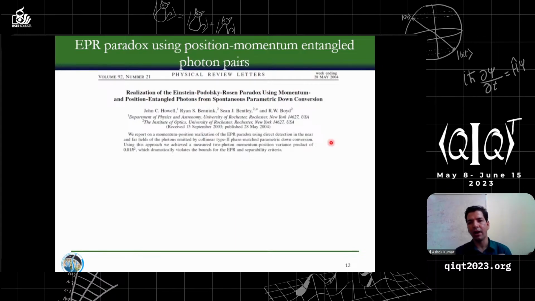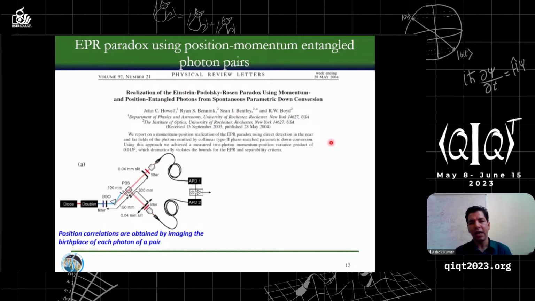What his group did basically was look at the photon pairs created by the BBO crystal through the spontaneous parametric down conversion process. They mapped the position correlation by using an imaging system to their detection plane. That's how they obtained the position correlation.